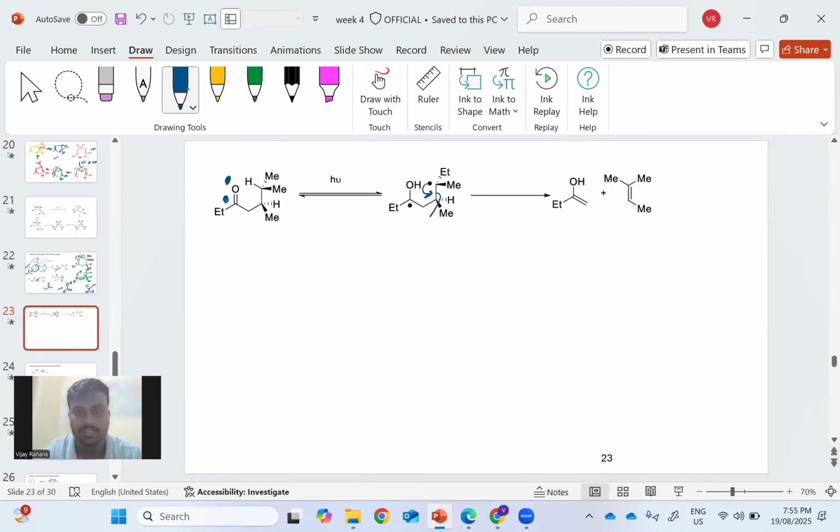The one radical comes to here. Yeah, so it goes here. One from this bond, then one from this bond, and one from here. So basically, this bond is cleaved at the end of this reaction. And these are the products. So I have just shown the ketone tautomerized product.